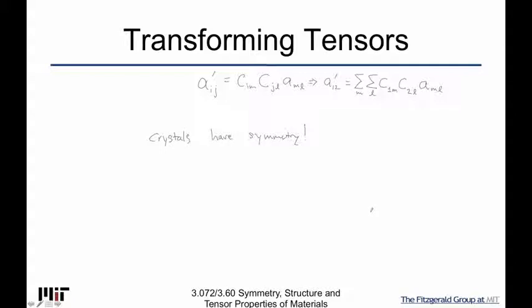So instead of looking at all of the a_ij, we can pretty much eliminate many of them, especially in very popular crystals like cubic crystals. And we'll talk about that in the next lecture.